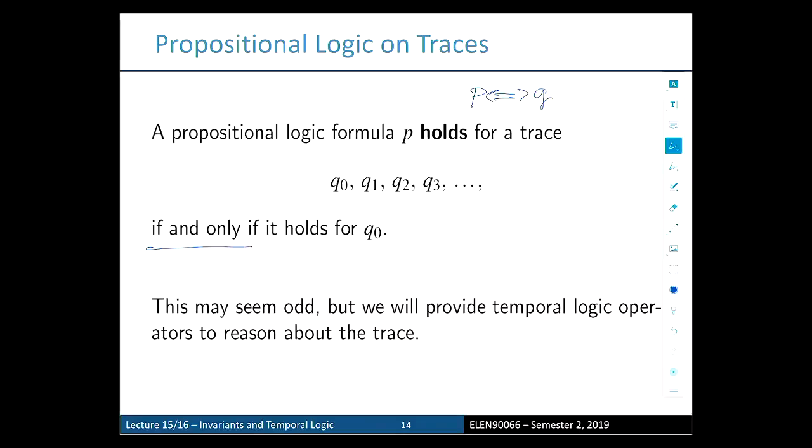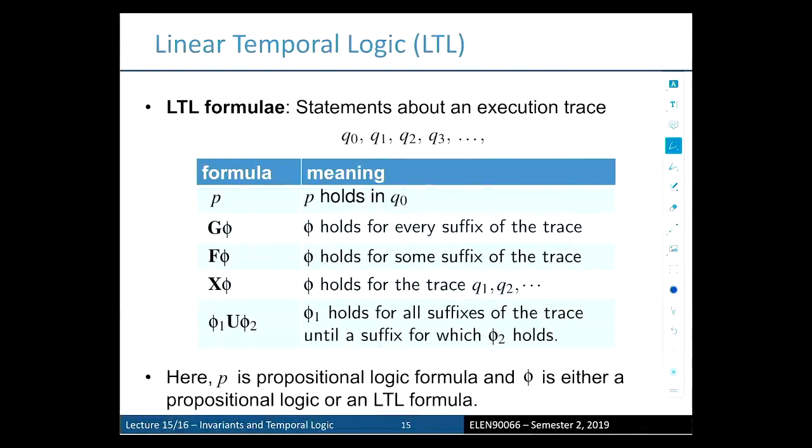As I said, it's a bit odd, admittedly, to define it such that given a trace with all these other elements, we only focus on the first element of the whole trace. But that's how we can put things together using a bunch of operators. Now, let's see what type of statements can be made about a trace.